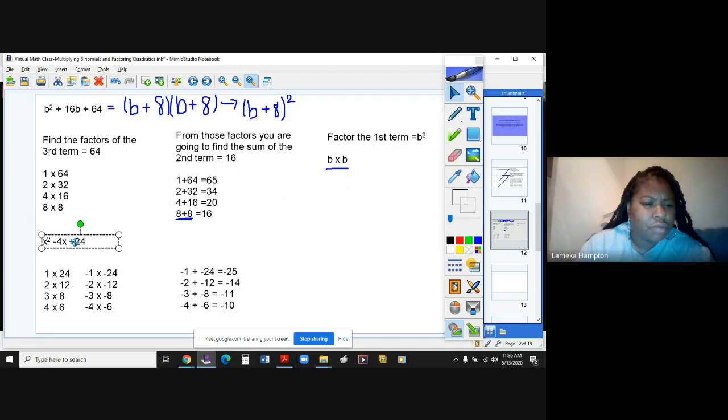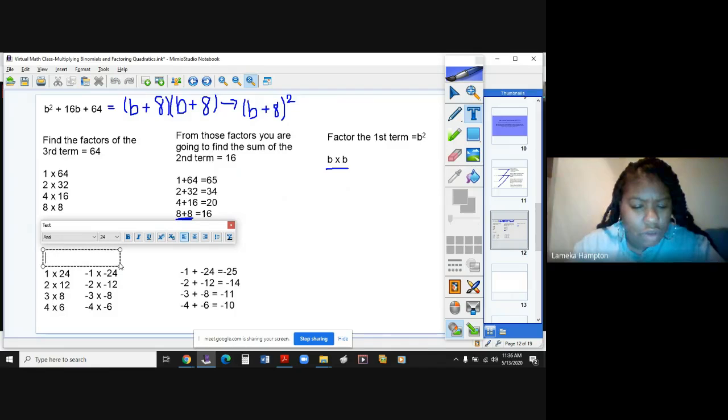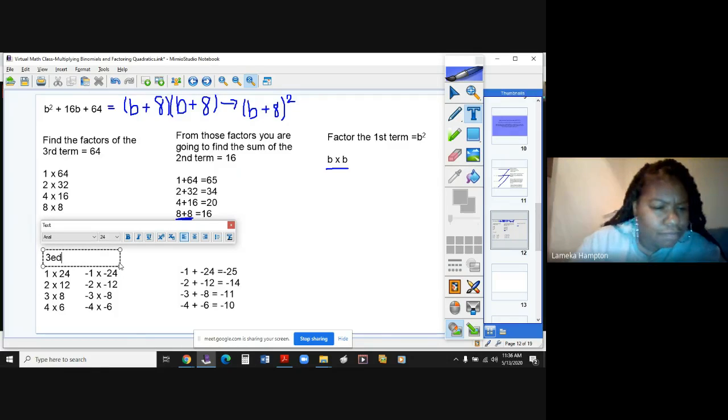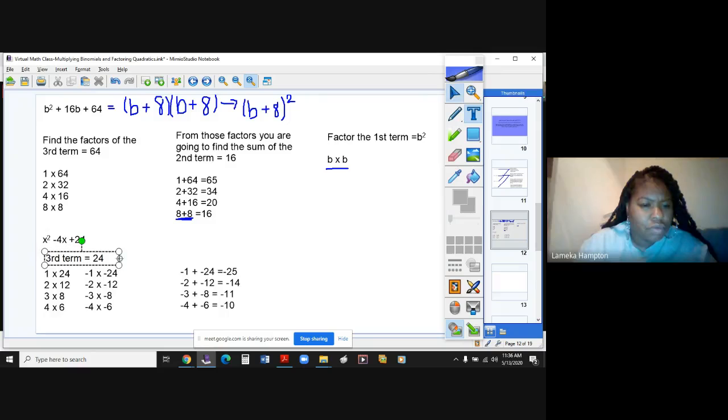Let me move this up just a smidge. So my third term, we recognize that our third term was +24. Good news.